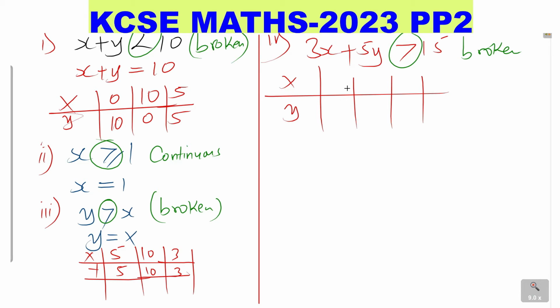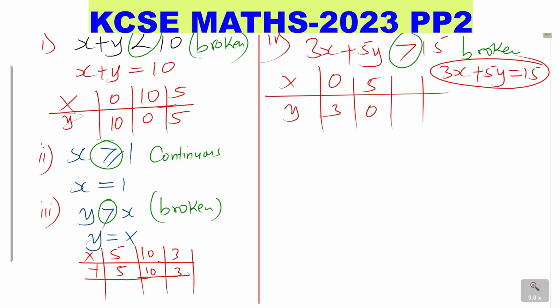The line that you're going to draw is 3x plus 5y is equal to 15. So when x is 0, you substitute 0 in this equation, you get y as 3. And when y is 0, you get x as 5. I don't see any other point that will give me a whole number. The others give decimals, but those 2 points are still okay. You can use those to draw the line.